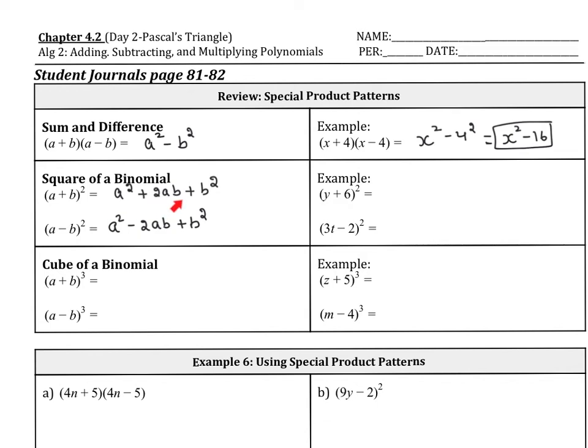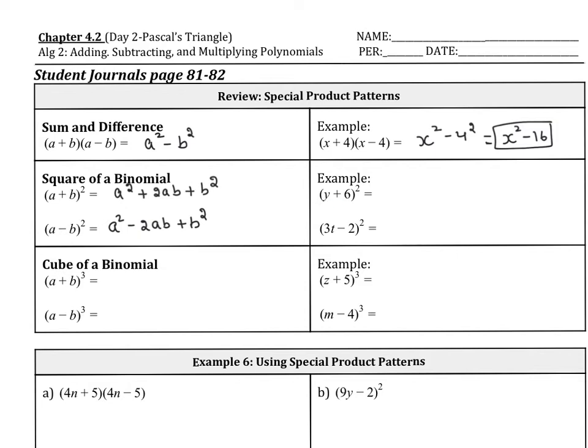Now if I compare the example y plus 6 squared, then the formula for this one is a squared plus 2ab plus b squared. All I have to do is recognize what a is in this case. So a is y, so I plug in y here. b is 6, so I plug in 6 for b. When I plug in a as y, b as 6, then I'm going to get the standard form for this binomial square.